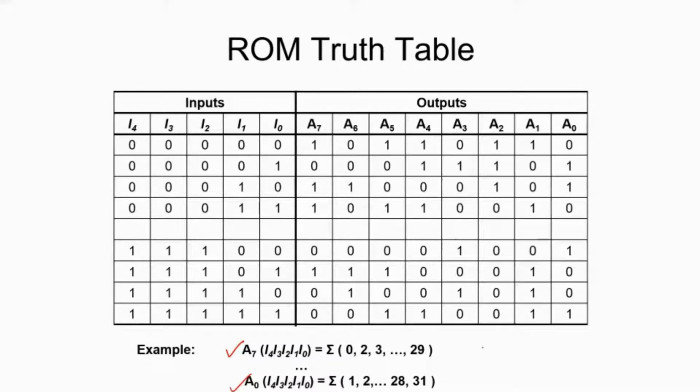I can provide you in the form of sum of min terms, or in the form of product of max terms, and I can also give you this truth table directly. So these are the inputs. Say for a combination of 0 0 0 0 0, your output is 1 0 1 1 0 1 1 0. If you see the value at output A7, this is the A7 right here.